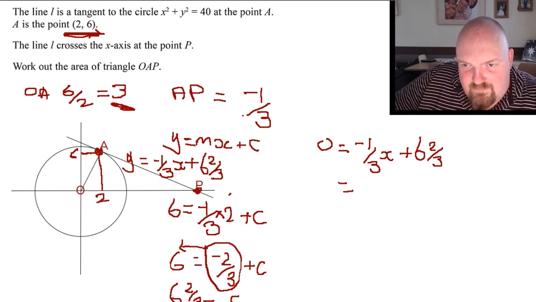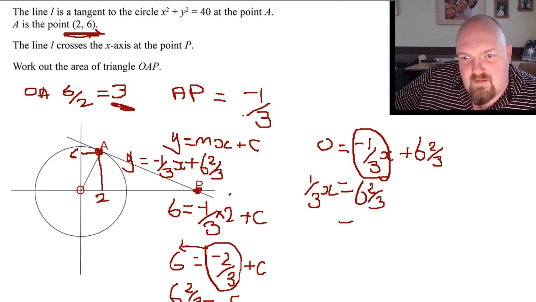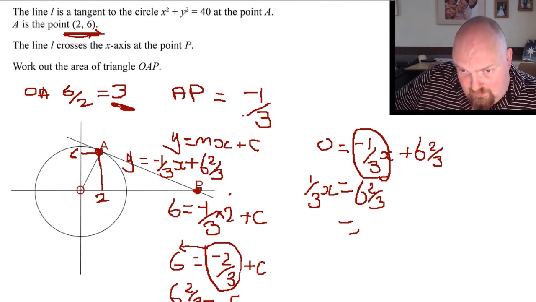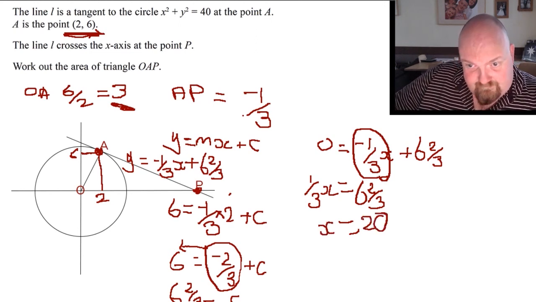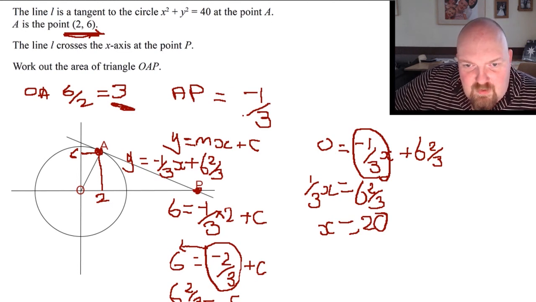With a little bit of rearranging, I can take this across to the other side, change the side, change the sign. So 1/3 of x equals 6 and 2/3. If I then multiply both of those sides by 3, I get that x equals 20. Okay? So now that I've got this value, I now know that the coordinates of this point are (20, 0).